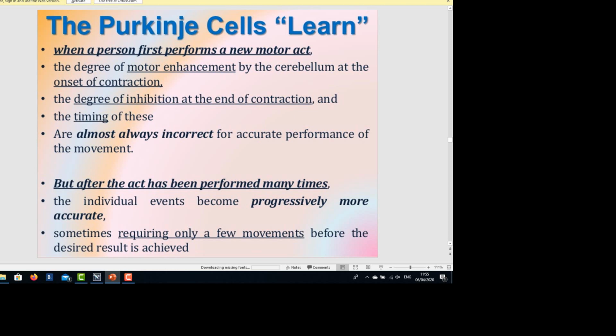Now the Purkinje cells learn. When a person first performs a new motor act, the degree of motor enhancement by the cerebellum at the onset of contraction, the degree of inhibition at the end of contraction, and the timing of these are almost always incorrect for accurate performance of the movement.